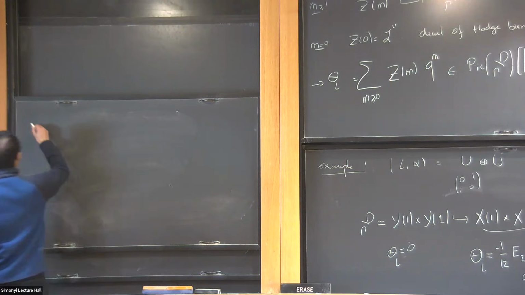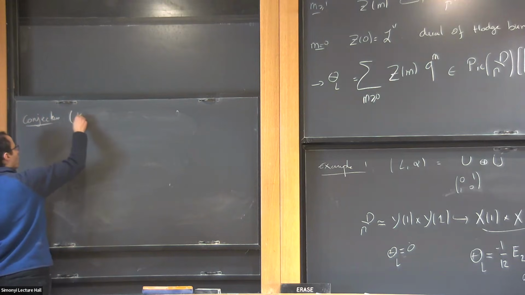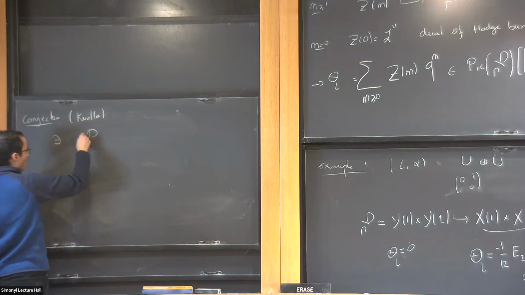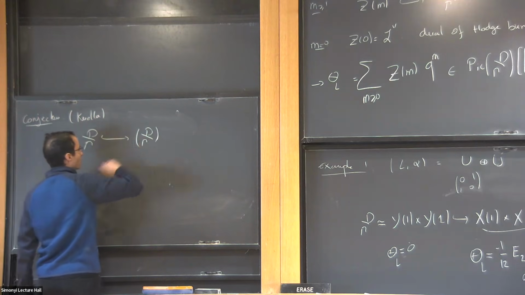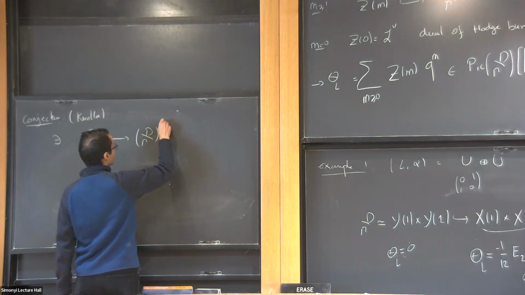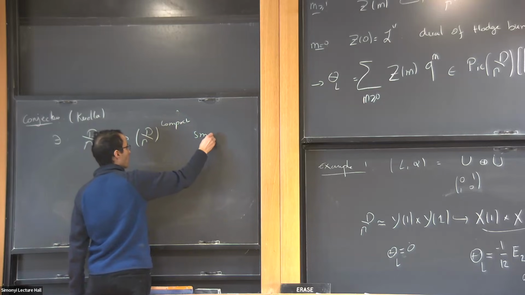So this motivates the following conjecture by Kudla: that there exists some compactification of D mod gamma which is smooth and projective.